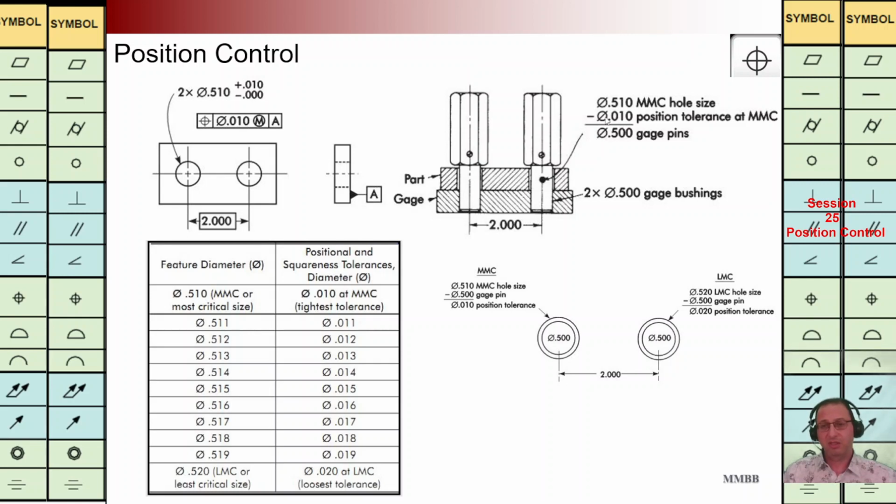When we subtract these two, we calculate what should be the diameter of the gauge pins. When we locate these 2 pins here, this component can move, and we can see the meaning of controlling the position of these 2 holes here.